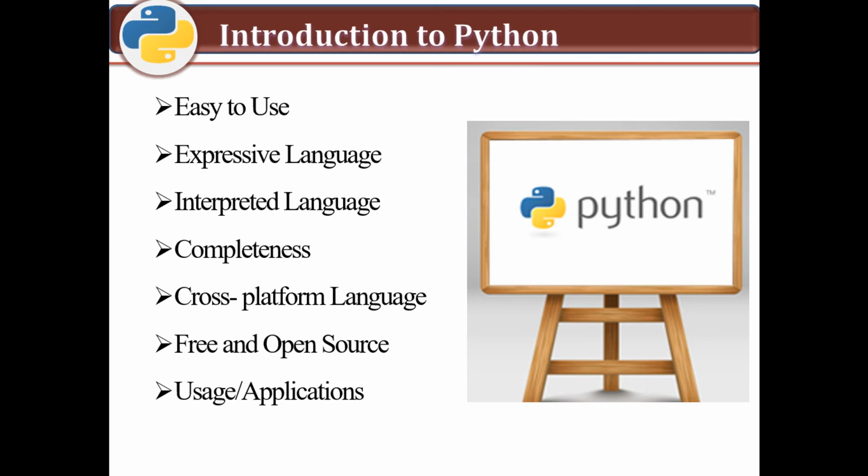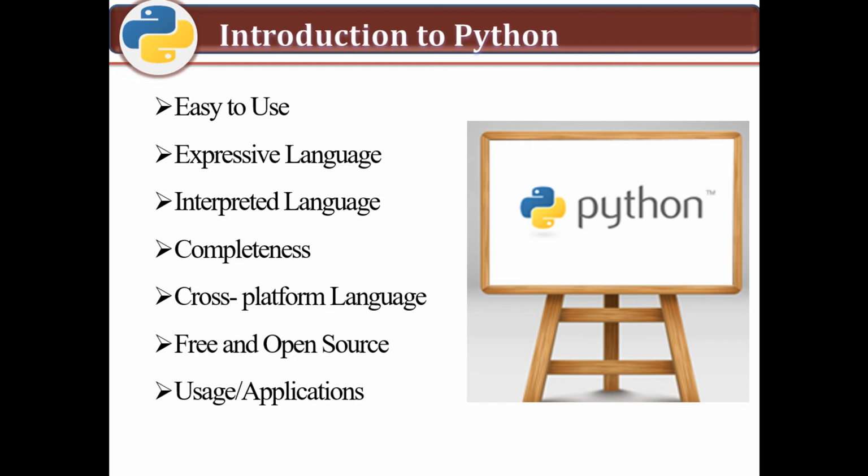Next, the uses and application areas of Python. Python has evolved into a very powerful, complete and useful language over the years. These days Python is being used in many fields and different applications. Some of them are: it's used as a scripting language, so you can generate a script for any module or task.